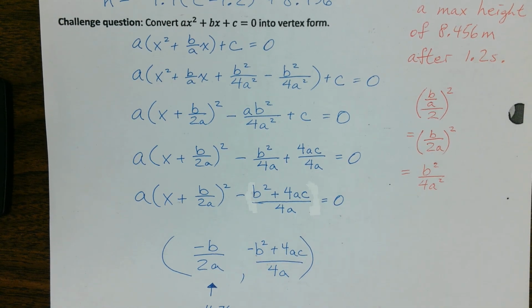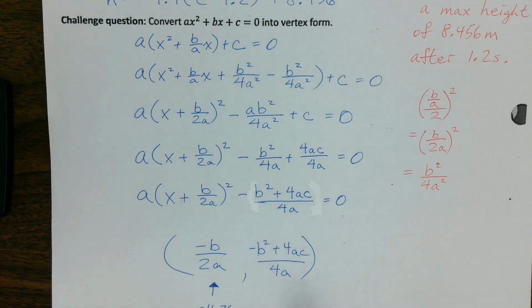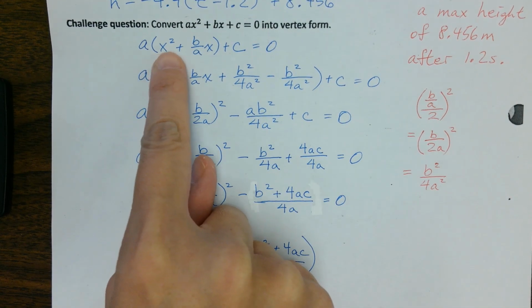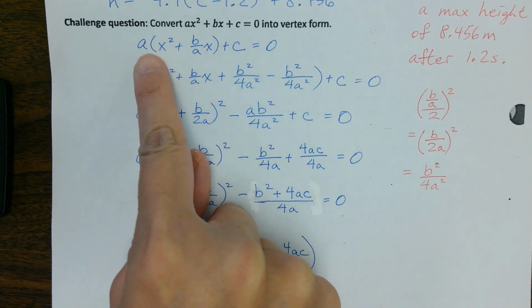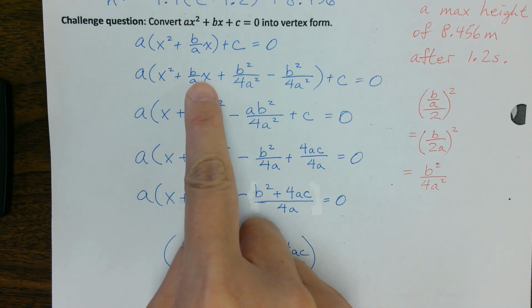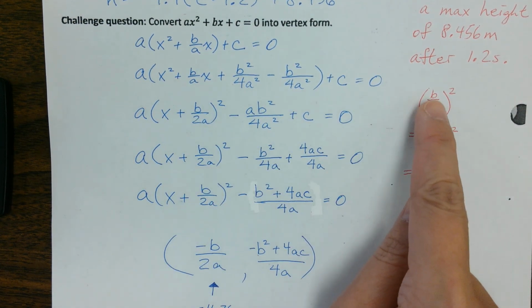Okay, for those who tried the challenge question, this is what I got. That's why I said if you want to challenge yourself, it looks very ugly and messy, but there's a point to this. I factor the a out of the first two terms. Then I need to do b over a divided by 2.